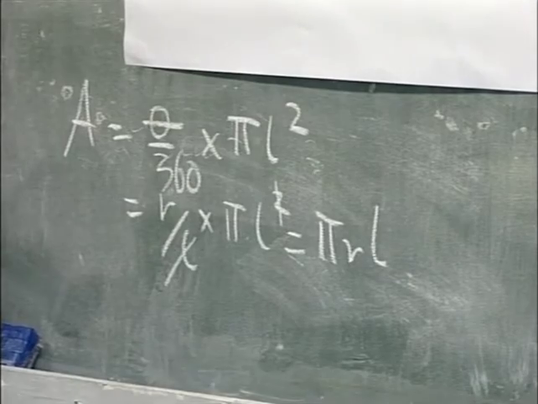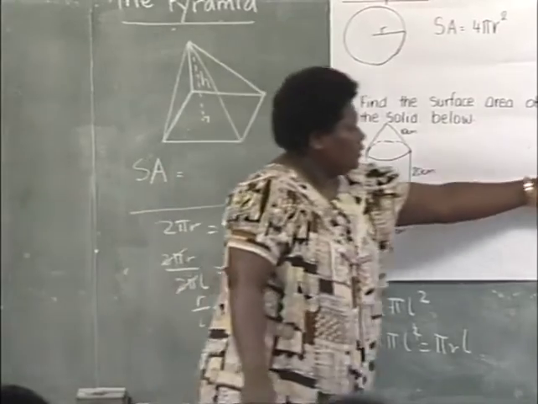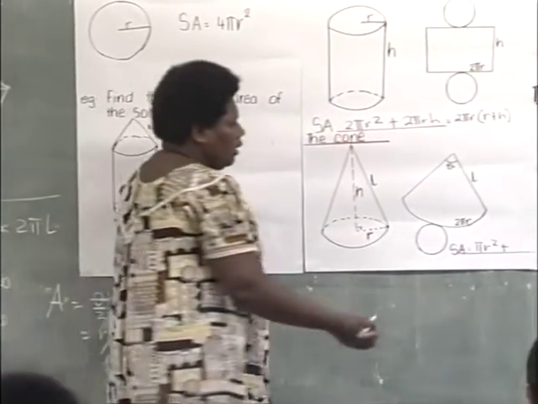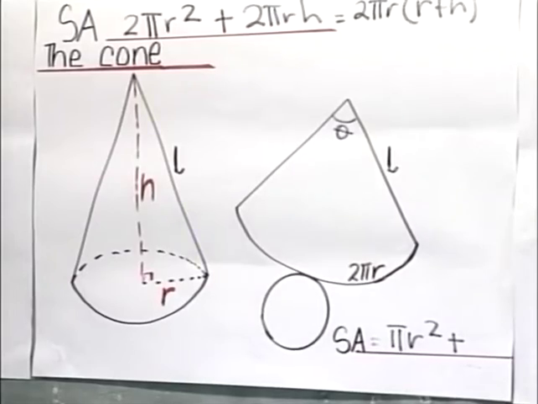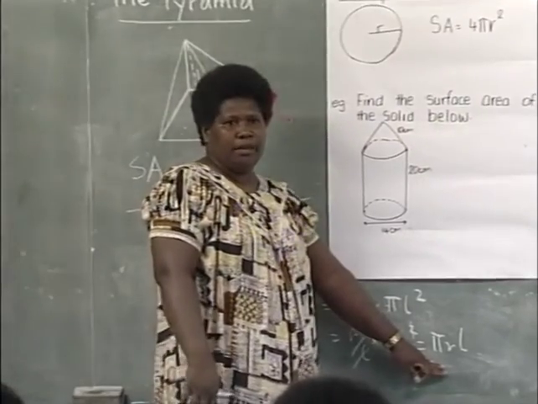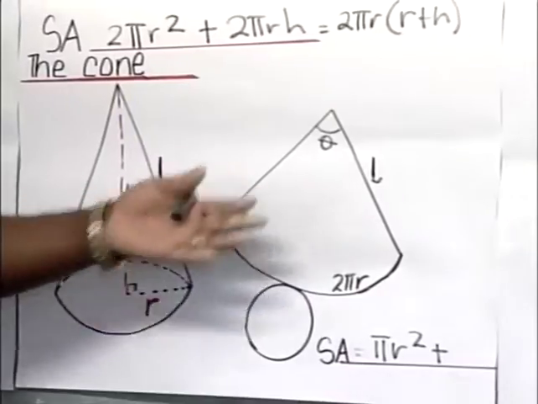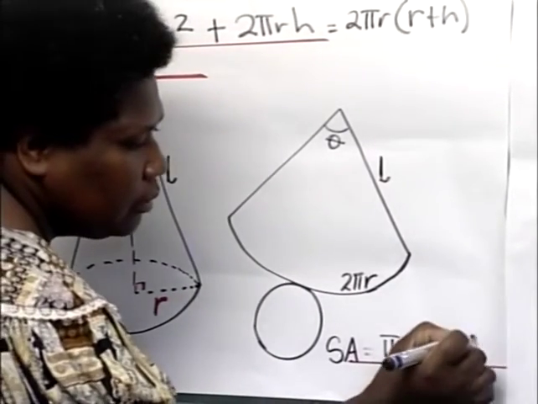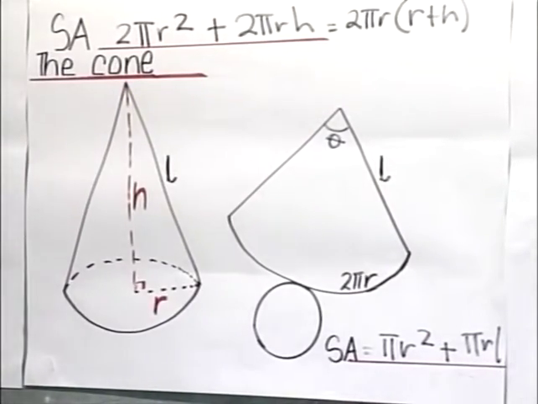In your textbook, it might be S. I don't know what it is, but in some books, L is represented by S. So the area of this sector of a circle, if you've never known where it comes from, this is where it comes from. Because some people just know that the area of this is pi r L, but they don't know where pi r L comes from. At least I've told you. So that's where the surface area of a cone comes from.